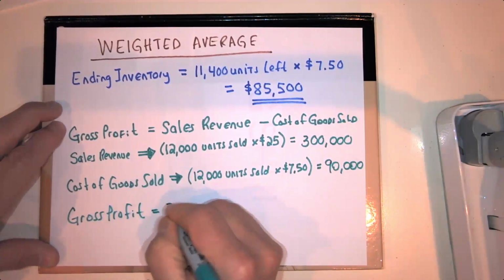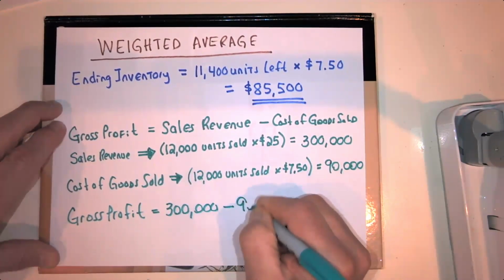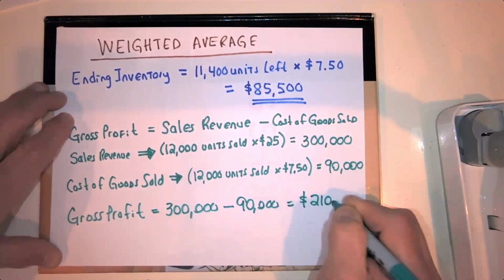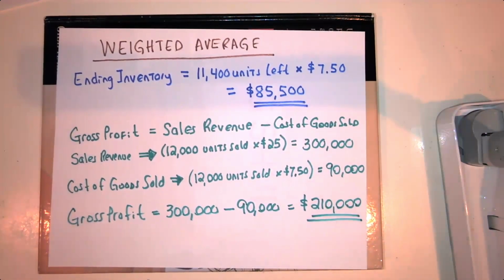It's the sales revenue, $300,000, minus the cost of goods sold, $90,000, which would be a total of $210,000. I thought number 4 was a good calculation. Any questions on any of the work that we've done to this point?